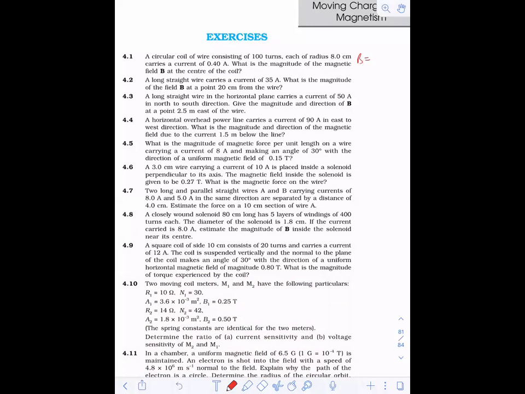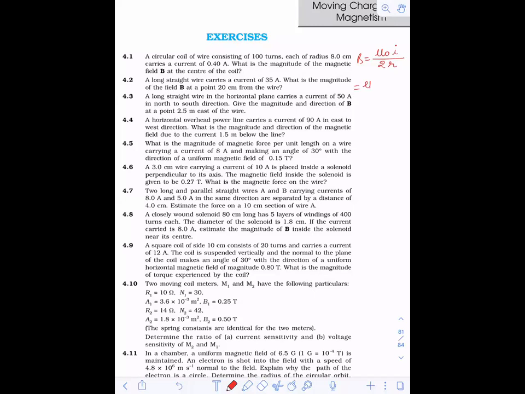B is equal to, what will you write? Mu naught I by 2R. This is what we have. Now the value of mu naught upon 4 pi we know. So what we will do is multiply by 2 pi up and down.